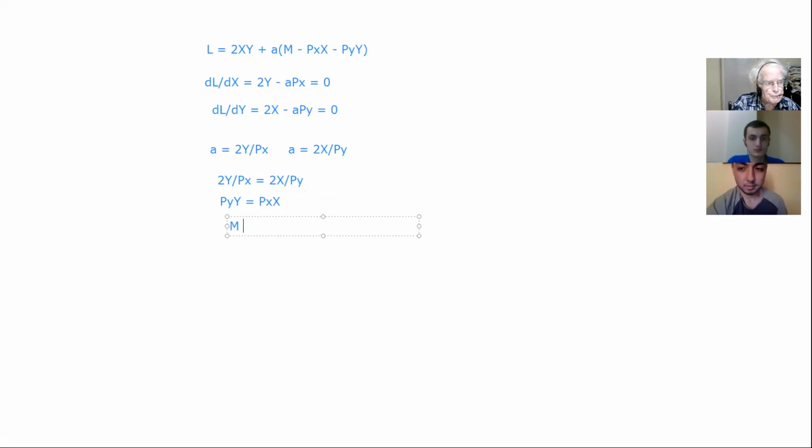So, M minus spending on X is equal to spending on Y. So we can substitute for this condition right here, the one from the budget constraint.